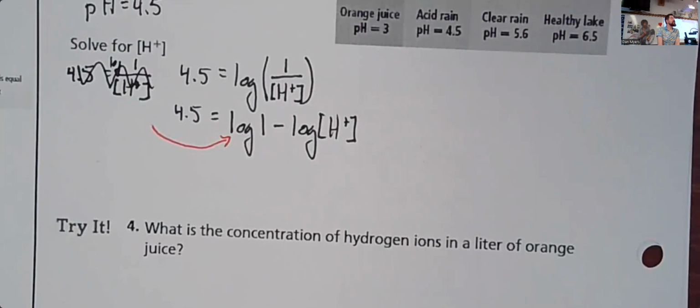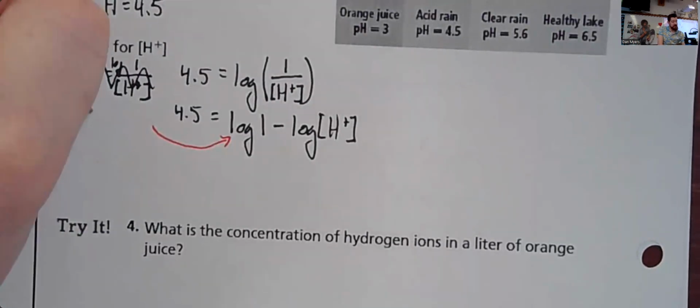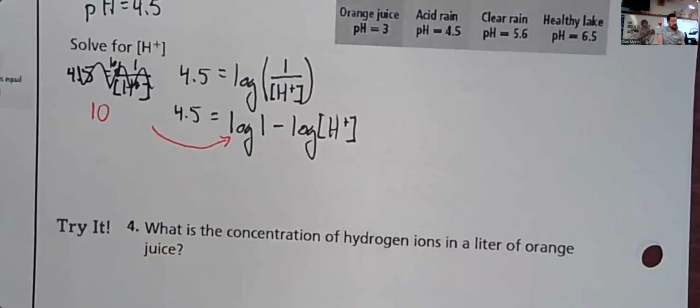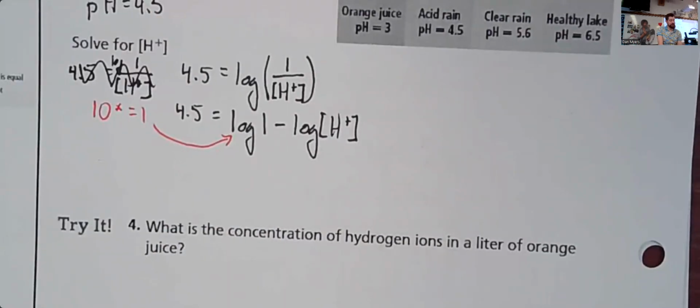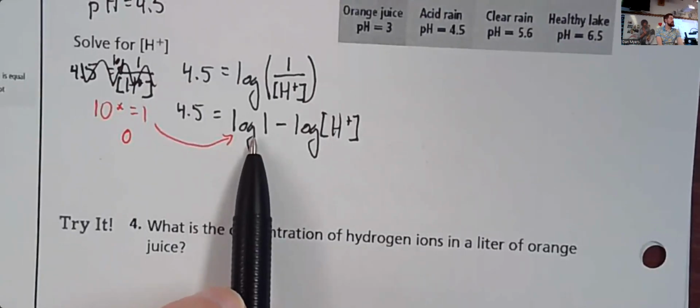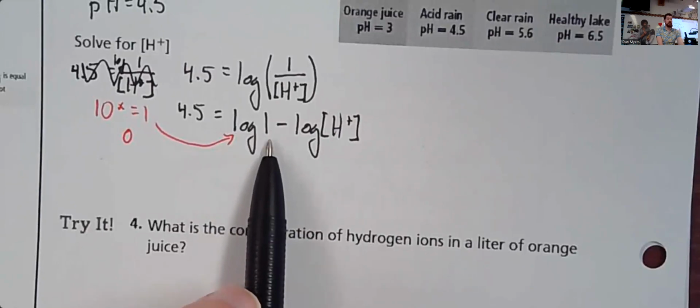What base value? There's no separate base written. What's the base? 10. This is the argument. So 10 to what power equals 1? 0. This equals 0. Log 1 is 0 because 10 to the 0 power is 1.